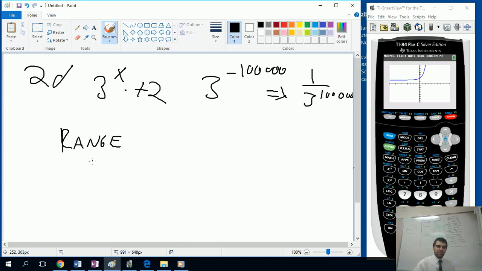So our range is going to be 2 not inclusive to infinity. We have an asymptote at 2, don't quite touch it, and go up to infinity.